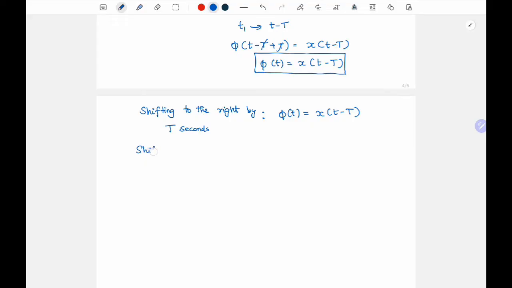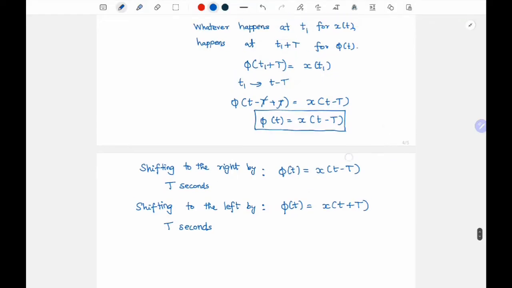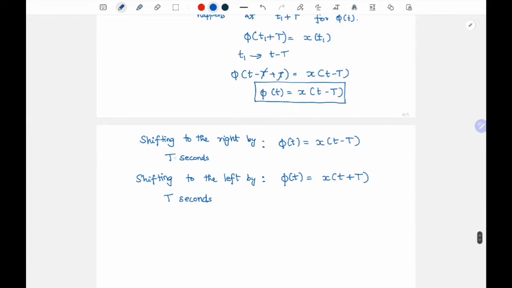Next, shifting to the left by T seconds. Now it will just be x of t plus T, because you can argue it two ways. You can either derive it like this, or you can say shifting to the right by minus T units is the same as shifting to the left by T units. So you just replace the minus sign with a plus sign.